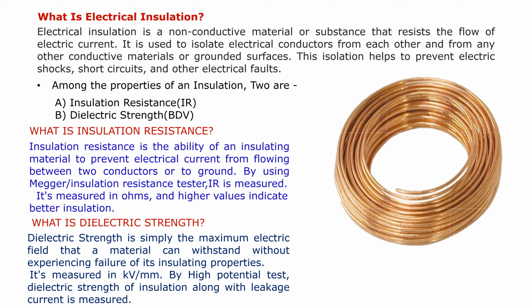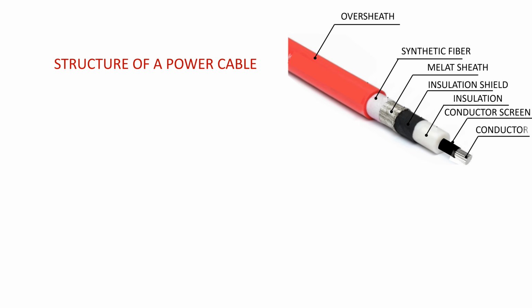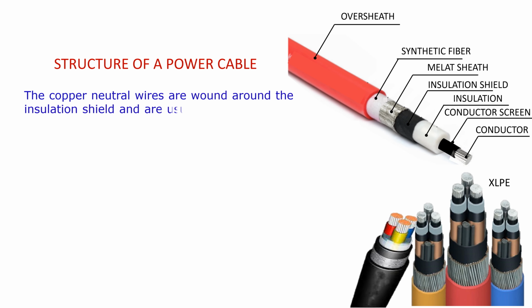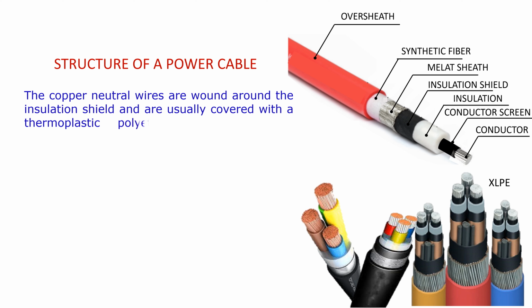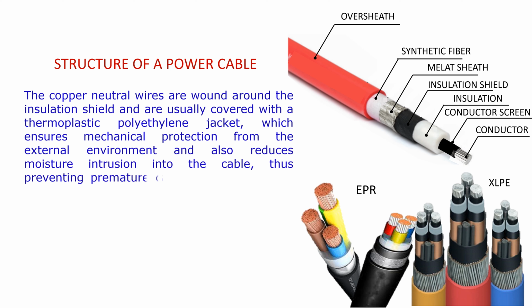Structure of power cable. The copper neutral wires are wound around the insulation shield and are usually covered with a thermoplastic polyethylene jacket, which ensures mechanical protection from the external environment and also reduces moisture intrusion into the cable, thus preventing a premature cable failure.